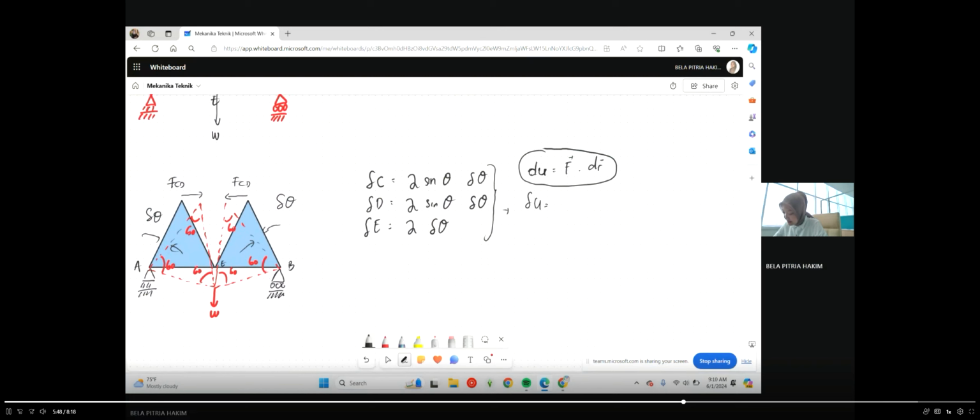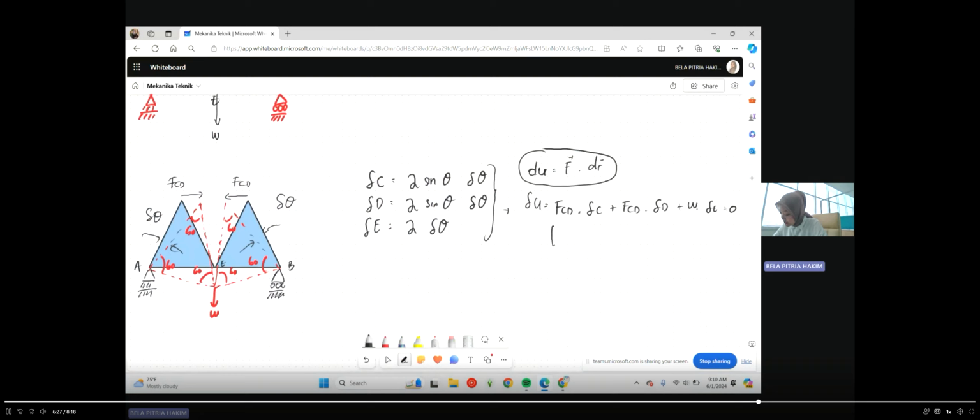So it's pretty simple because we already have F_CD. F_CD times the rotation on C, plus F_CD times the rotation on D, plus W times the rotation on E, equals 0. You could learn from your math teacher or in your math courses how to do all of this notation.